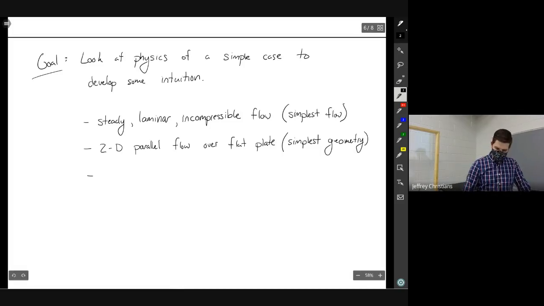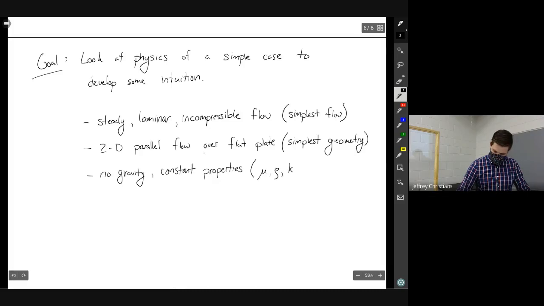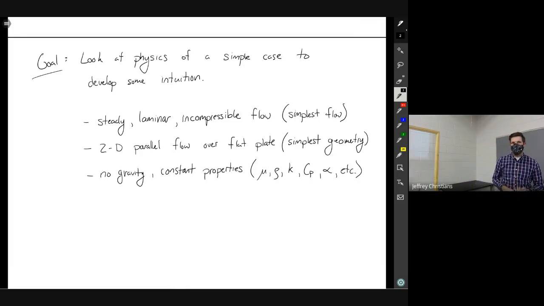And no gravity, and constant properties, like mu, rho, k, Cp, alpha, etc. Anything that's a fluid property, all of these things are really functions of pressure and temperature in different ways that we just talked about.